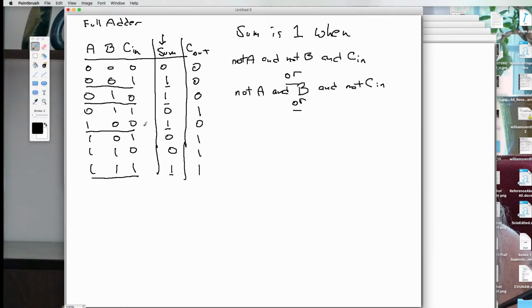And there would be 4 of these terms here: 1, 2, 3, 4. What's going on here is you'll notice that we're ANDing each one of these rows, and then we're ORing the rows.